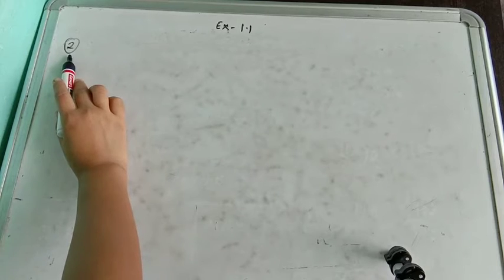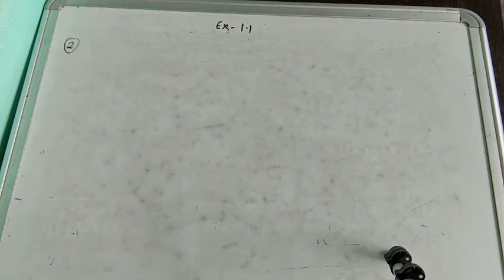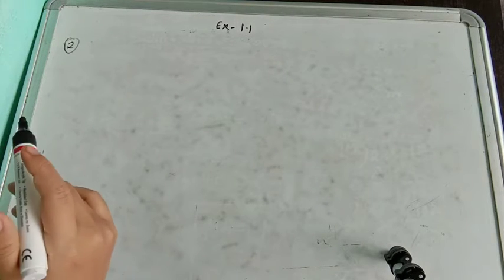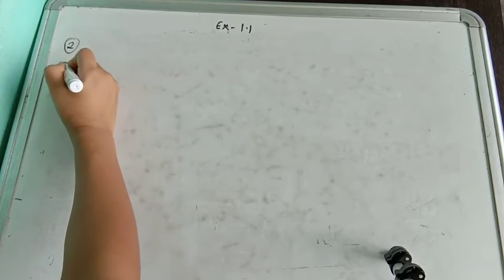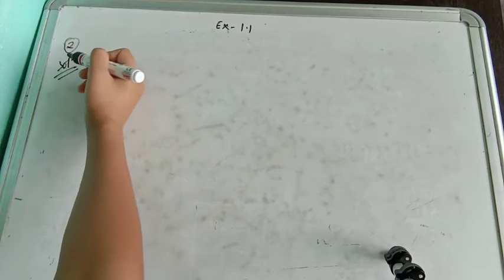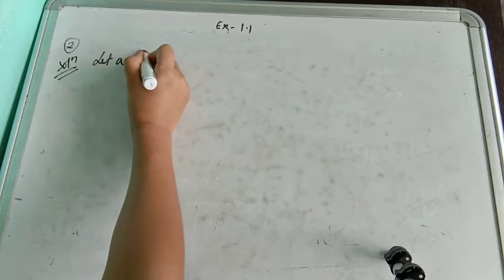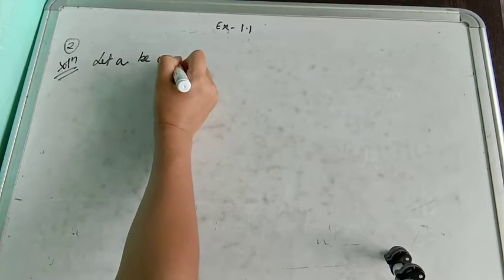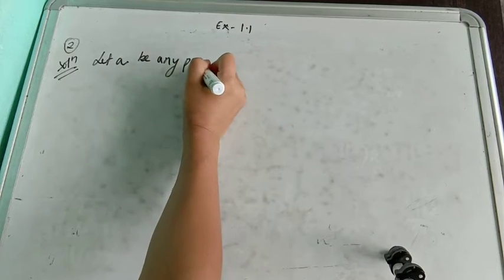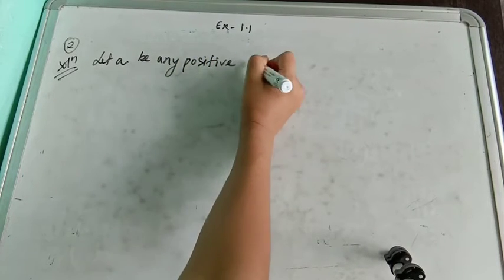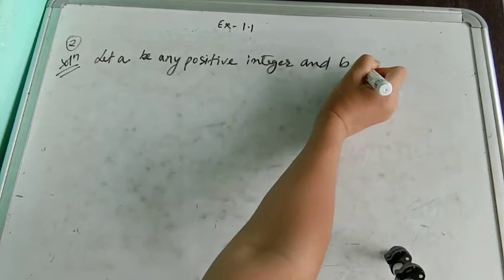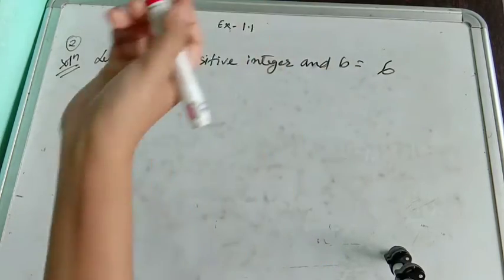Question number 2 says, show that any positive odd integer is of the form 6q plus 1, 6q plus 3 or 6q plus 5, where q is some integer. So the solution is like, first write let A be any positive integer and B equals 6.